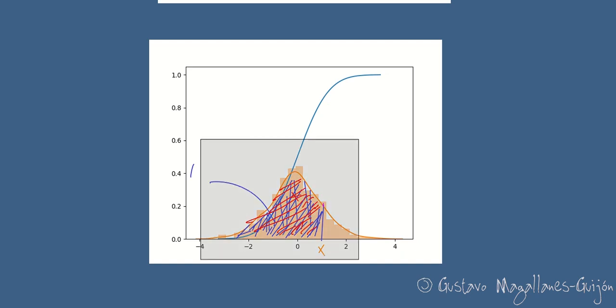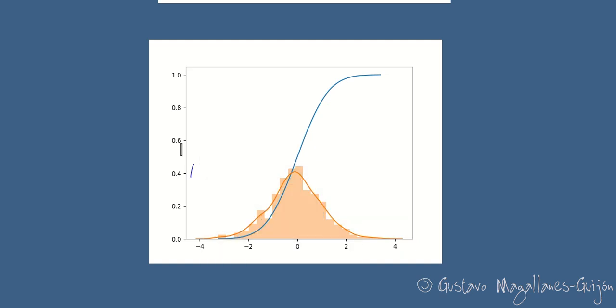For example, for this point, 0.2, we have this area, but it is equivalent to this point in the plot.